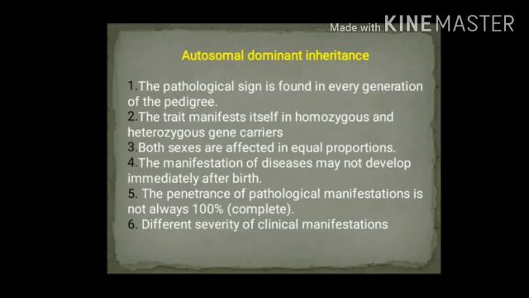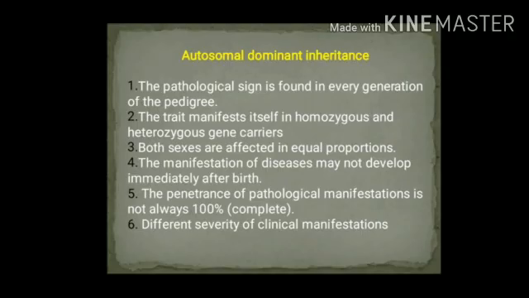If there are many siblings in a given generation, then the ratio of sick to healthy siblings is close to 1 to 1. Both sexes are affected in equal proportions. Father and mother pass the mutant gene equally to daughters and sons. Transmission of the disease from father to son is possible.